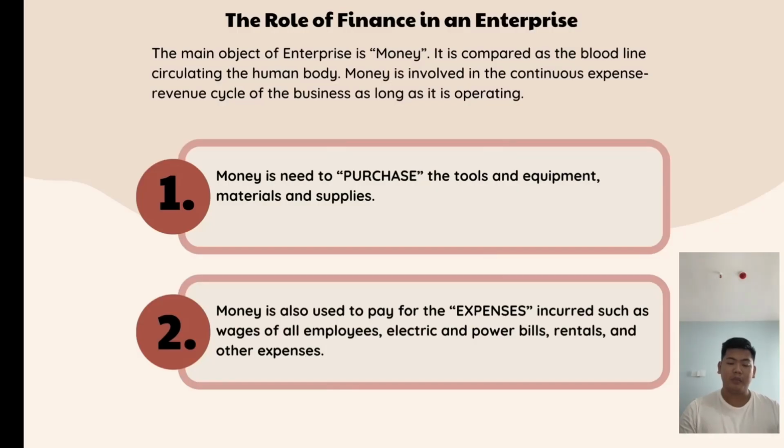The main objective of enterprise is money. It is compared as the bloodline circulating the human body. Money is involved in the continuous expense revenue cycle of the business as long as it is operating. So the finance function has enabled the decision across the organization, requiring deeper, cleaner insight into operations, customers, markets, and external business environment.